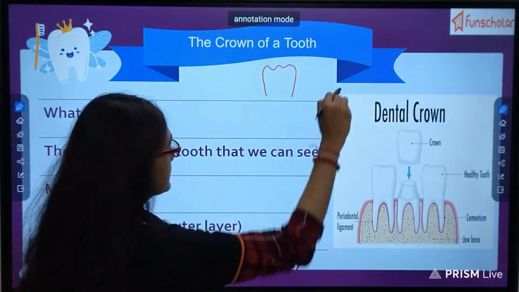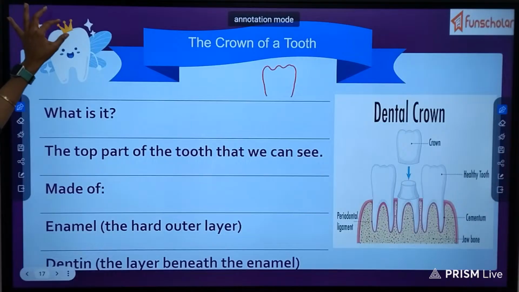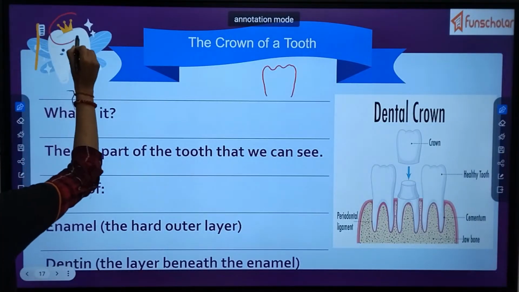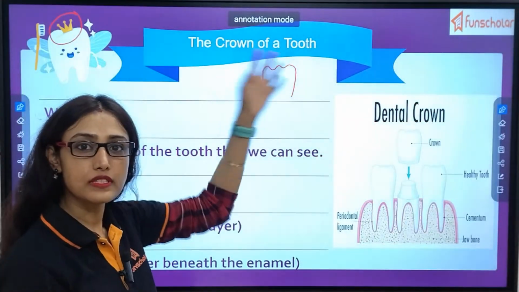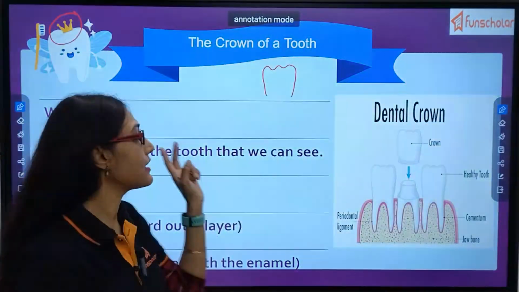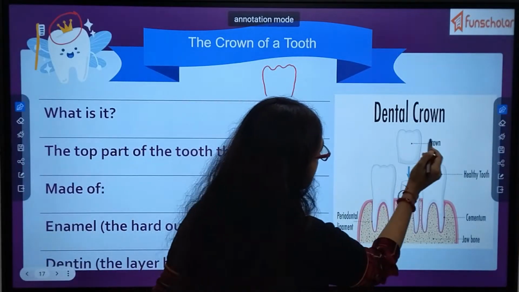It has a curvy nature just like the crown of the king. Because it looks similar to the crown of the king, the upper part is known as crown.